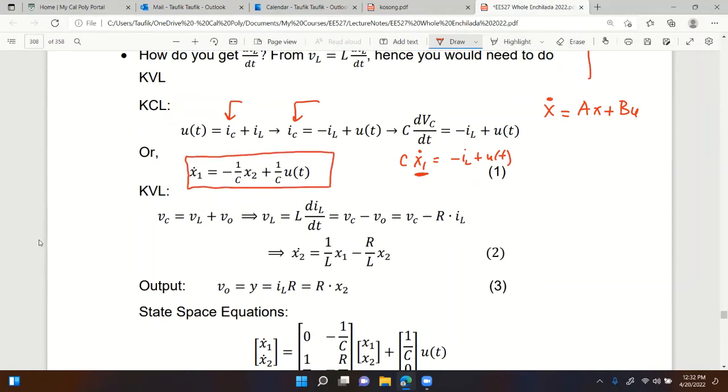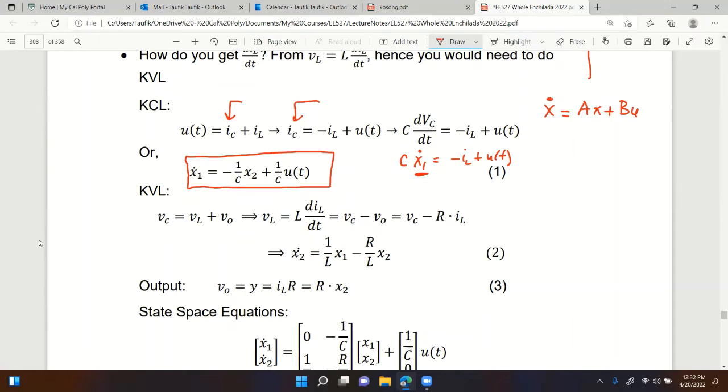Now, once you obtain x1 dot, or any x dot, on the left-hand side of the equation, then number one of the steps is to check the right-hand side. Check to see if on the right-hand side you have only state variables and input, or either one. It doesn't have to be both, but either x or u or both.